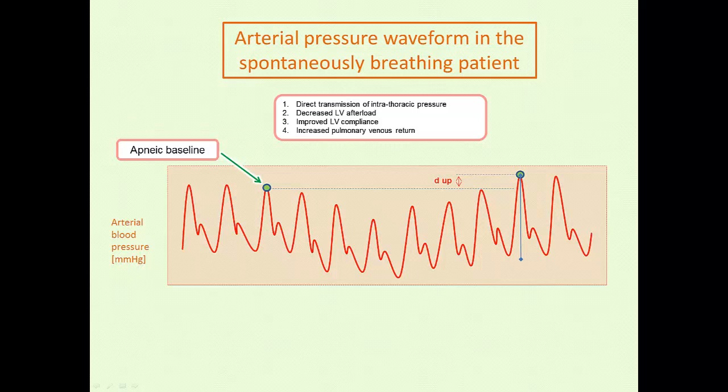During expiration, the inspiratory increase in right ventricular output is now being reflected across the pulmonary vascular bed, but simultaneously, because lung volume is shrinking, the capacitance of the pulmonary beds is increasing, so that tends to diminish the D up effect from pulmonary venous return.